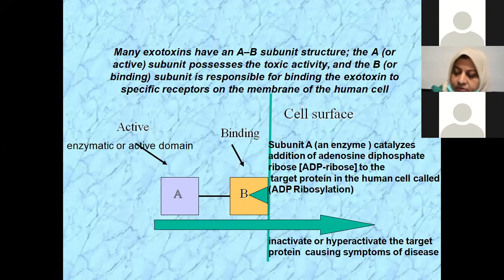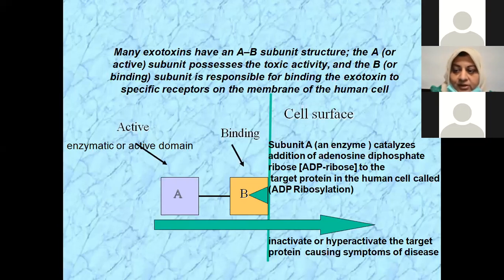And this target protein is affected by ADP ribose, and this process is known as ADP ribosylation. Now, if this protein is affected, its function will be disturbed. Either it will become inactive or it will become hyperactive depending on the situation. And this hyperactivity or inactivity causes the symptoms of the disease.